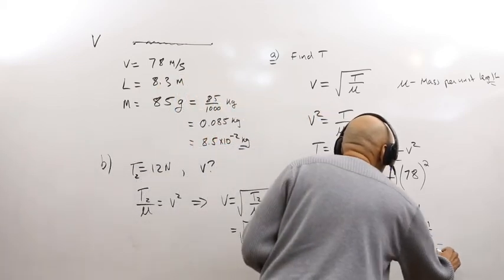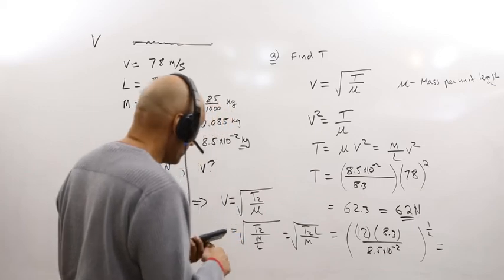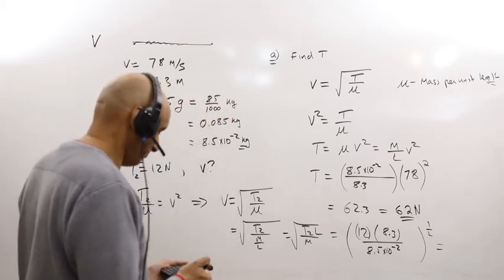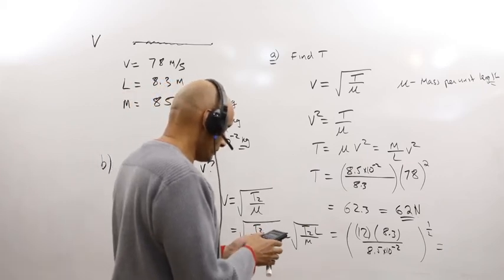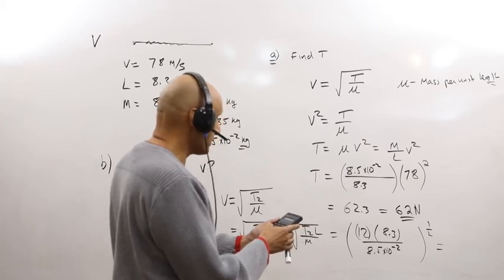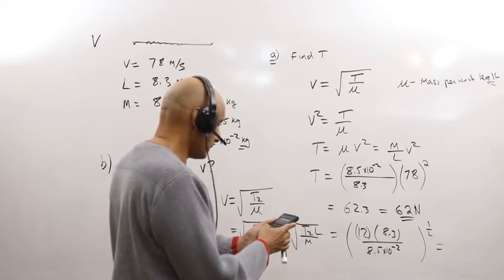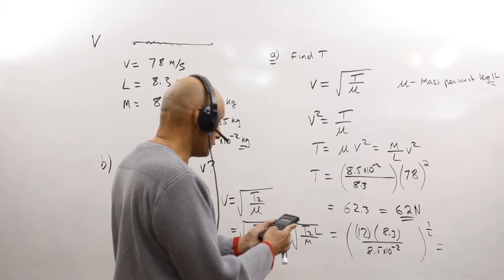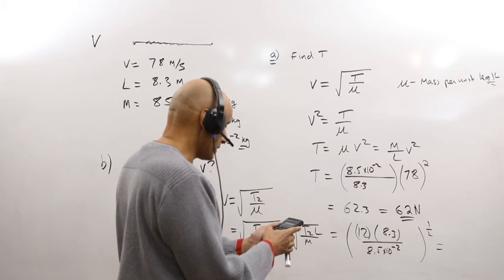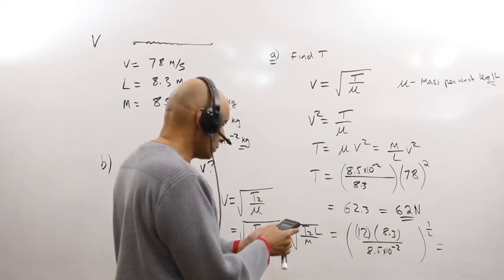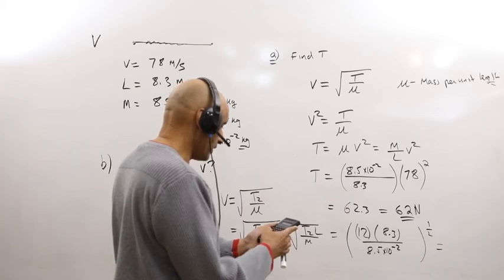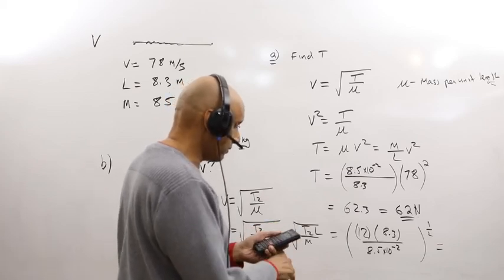So 12 multiplied by 8.3, divided by 8.5 times 10 to the minus 2, close parentheses, to the power of 0.5 gives me 34.2.